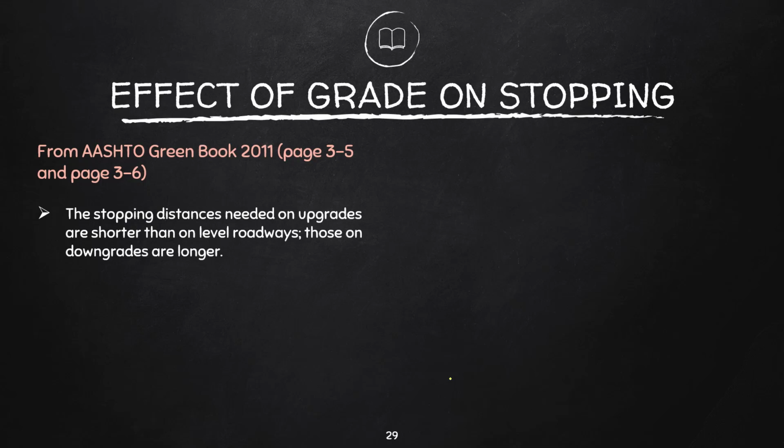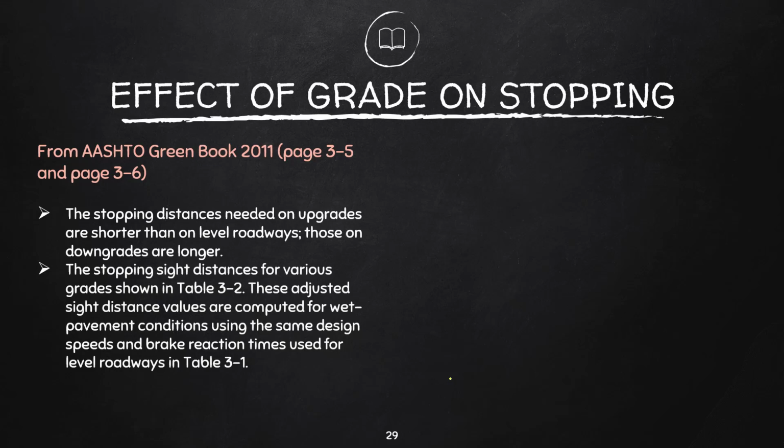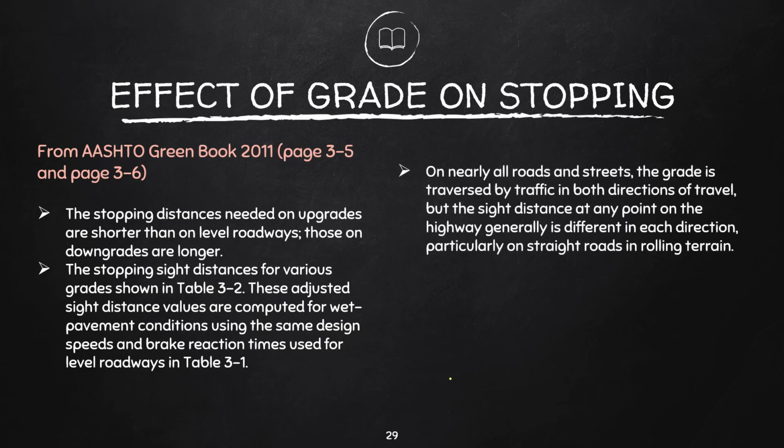We have also demonstrated this using our first example in the computation. And we have the stopping sight distances for various grades shown in Table 3-2. These adjusted sight distance values are computed for wet pavement conditions using the same design speeds and brake reaction times used for level roadways in Table 3-1.